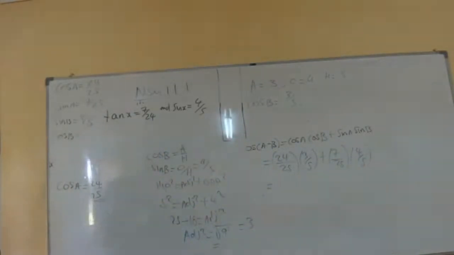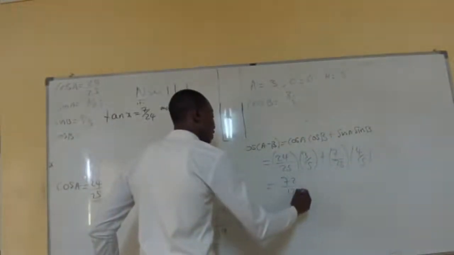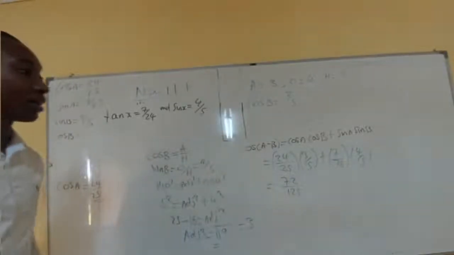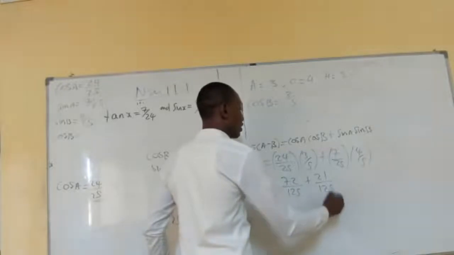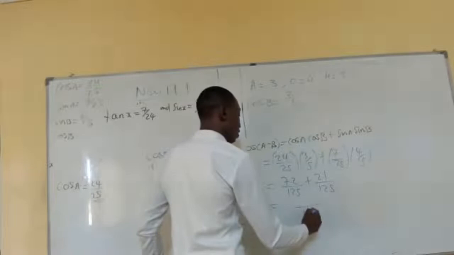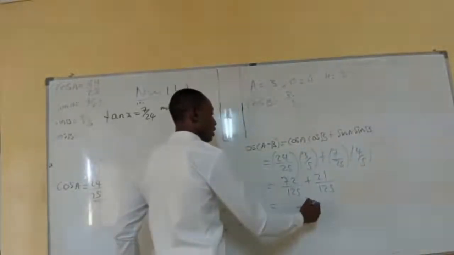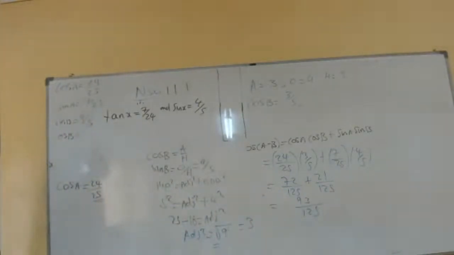Okay, so we have 72 over 125, plus 21 over 125. So this basically ends up being 93 over 125. So that is the answer, 93 over 125.